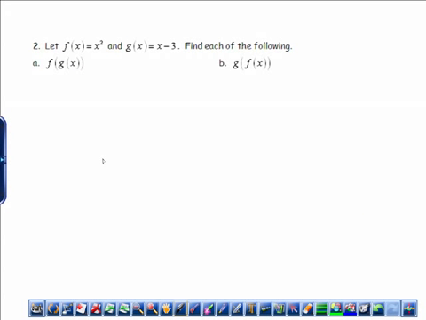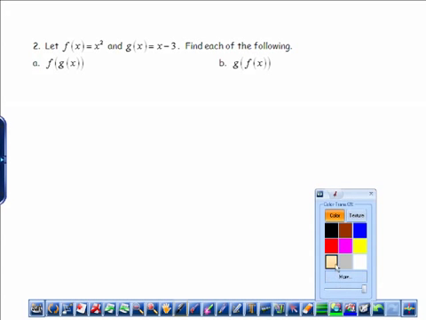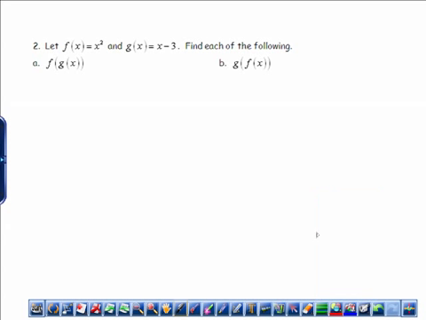Now moving on, we have two other functions, and they're asking us to do something a little bit different. This is composition of functions. This is said f of g of x. Last year this was probably a pretty difficult concept. I think this year you'll find that it's a little bit easier. The way we're going to start is from the inside out.